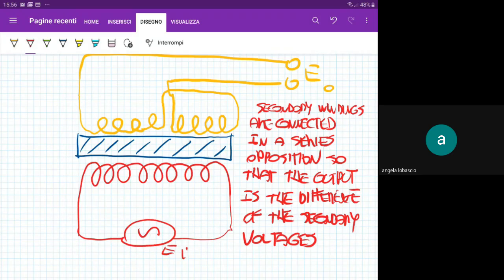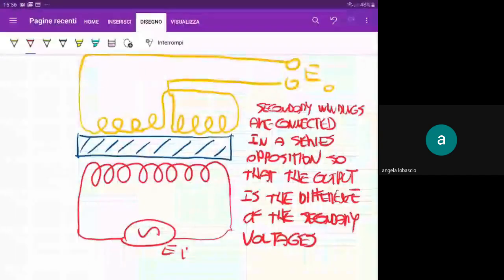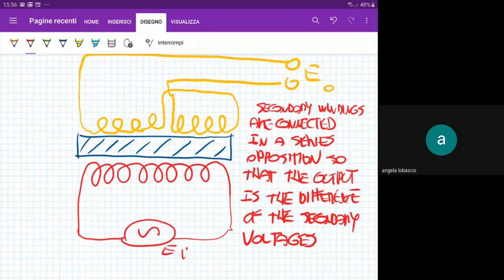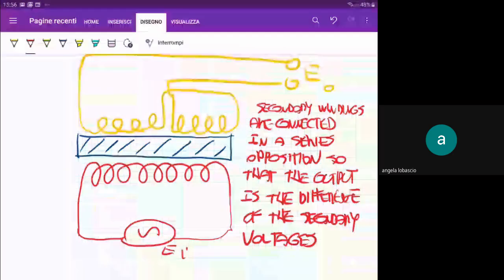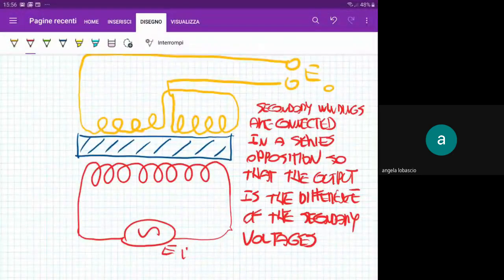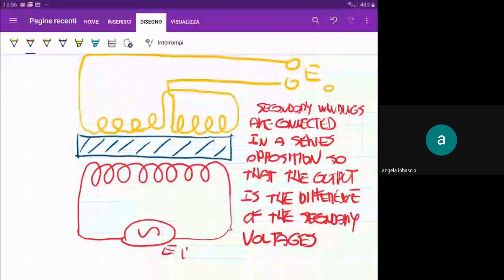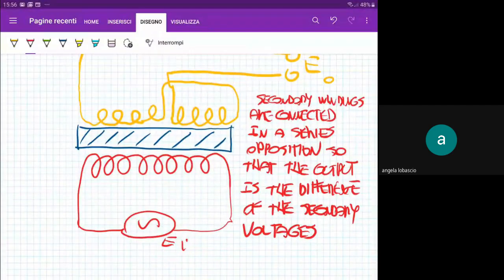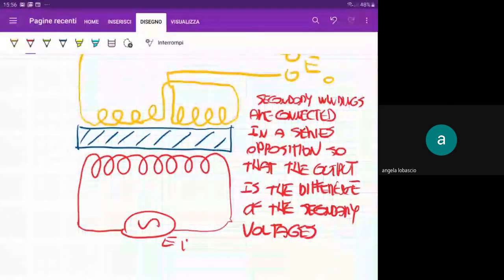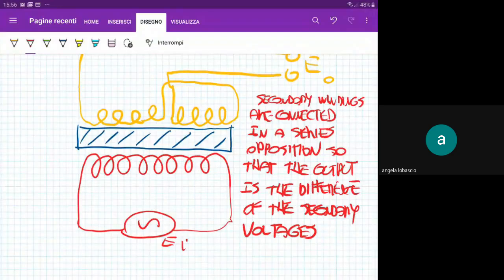Also, this transducer could be viewed as a zero-order transducer, that is, there is no specific delay. However, in this transducer, because we make use of an iron core, a component with a relatively large mass, the inertia is the important factor that is limiting the maximum operating frequency of the unknown displacement that we would like to measure.